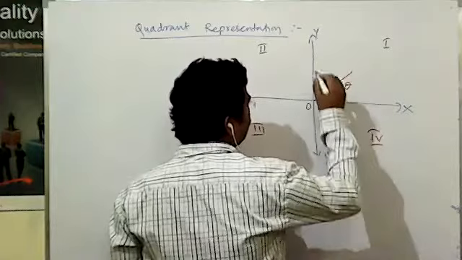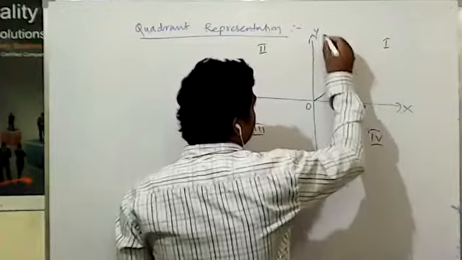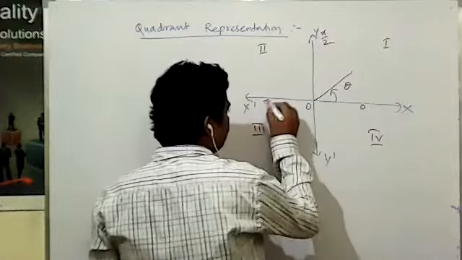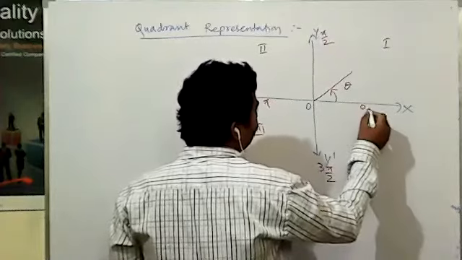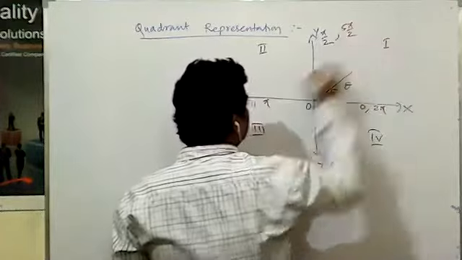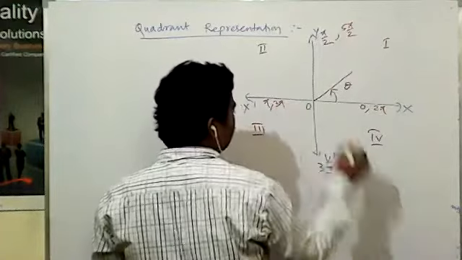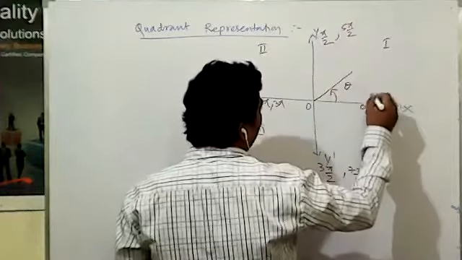So if this is the angle, this is 0, this is pi by 2, this is pi, this is 3 pi by 2. Similarly, in the second rotation, this is 2 pi, this is 5 pi by 2, this is 3 pi, this is 7 pi by 2. In this way the angles will come.